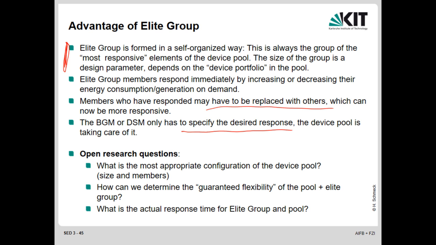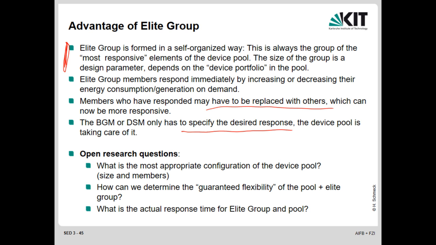And so the control or the intelligent decisions are taken inside the pool and don't have to be taken by the balancing group manager or the demand side manager. They just use the properties of the pool. They don't have to know the properties of the individual devices. This is the major advantage.